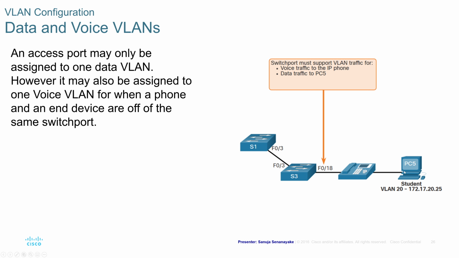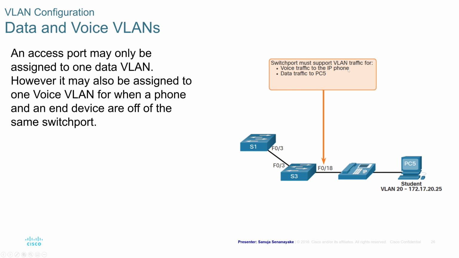So what that basically means is, to make your physical network easier to manage, you can actually use the same port for both your VoIP desk phone as well as your computer. So to do that, we're going to assign one VLAN for the voice traffic and another VLAN for your data traffic on the same switch port.